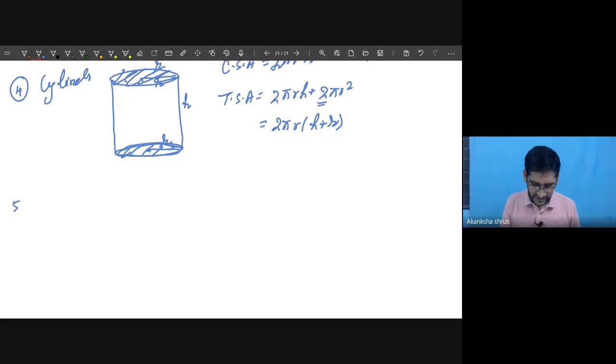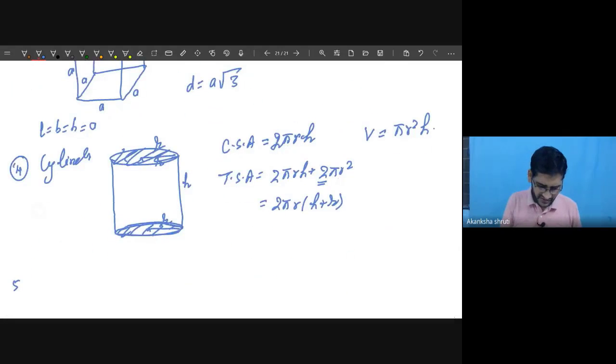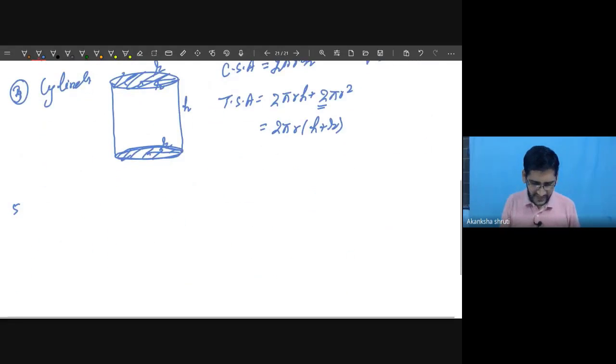Now let us come to our third one, the cone. What is this cone?